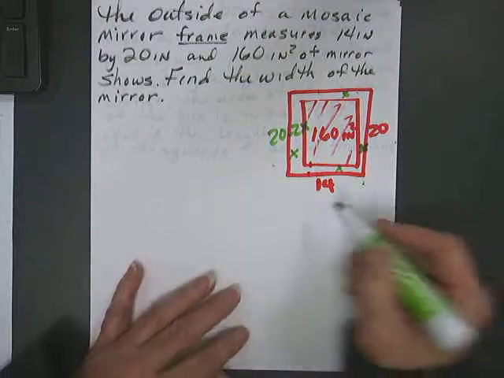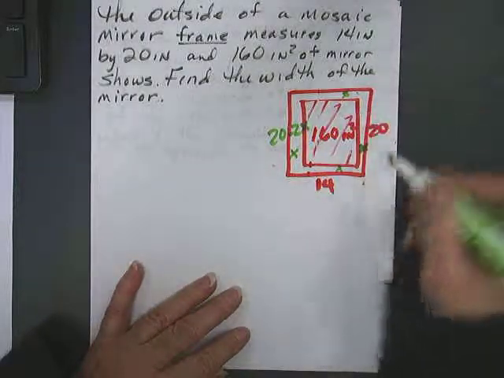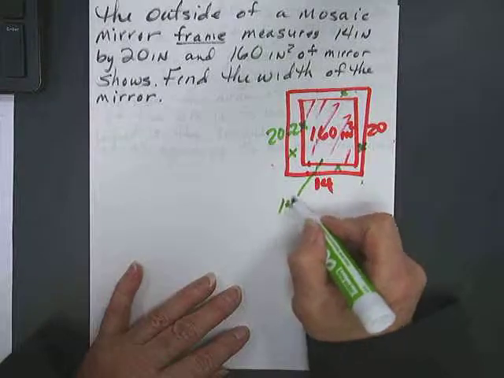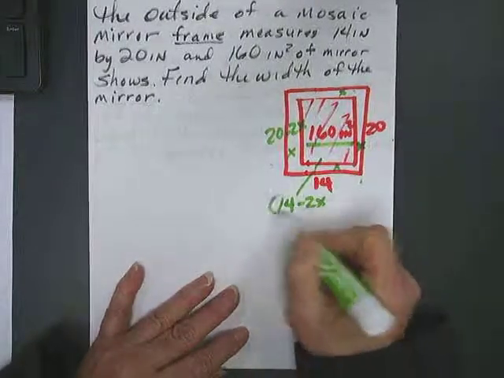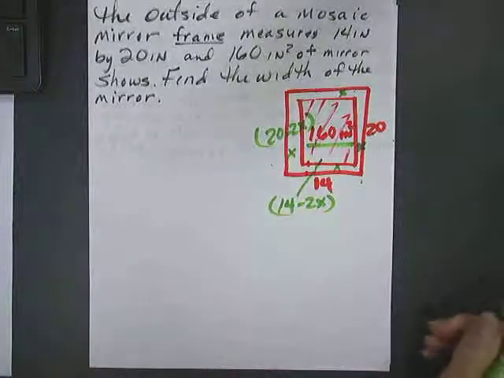It'll be 20 minus X minus X. This will be X and this will be X. It doesn't look the same, but it should be the same because it's a frame. Minus 2X, 14 minus 2X. So the mirror will be this times this.